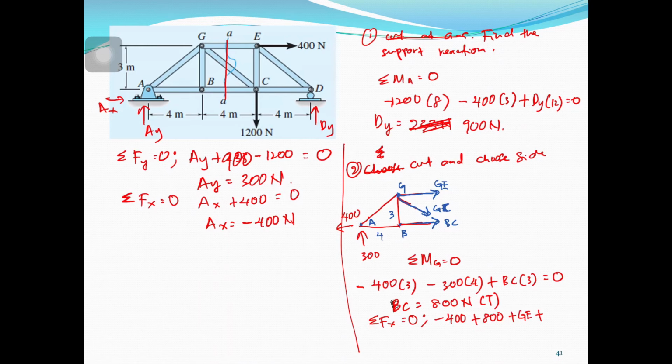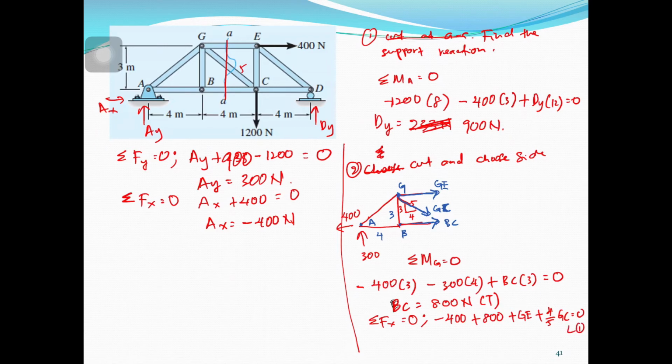So you have here 4 and 3, so this is 5, right? If I draw, this one is 4 and this one is 3. So GE plus GC 4/5, here is 5, 4/5 GC is equals to 0.